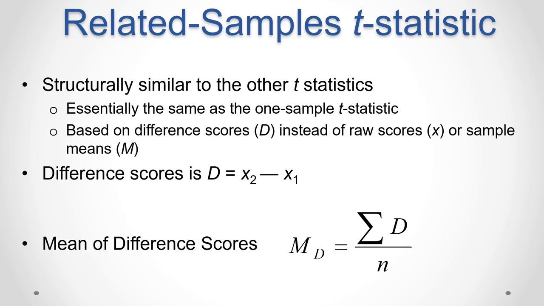Difference scores are D equal to X2 minus X1. Our analyses will be based on these difference scores, ignoring before and after data or paired scores. We calculate a mean of difference scores by adding the difference scores and dividing by n, where n represents the number of difference scores.